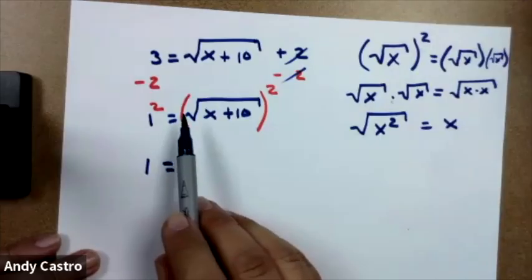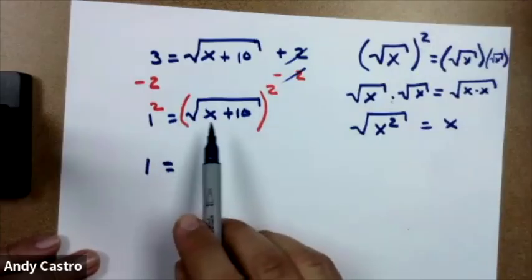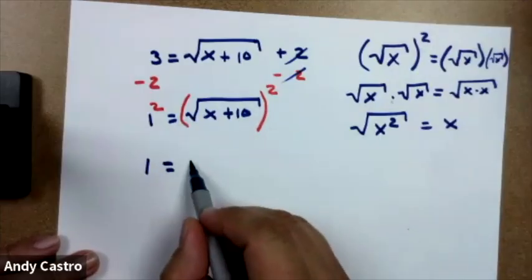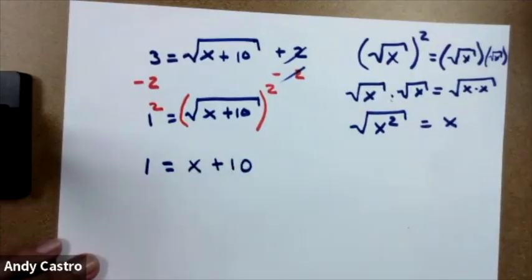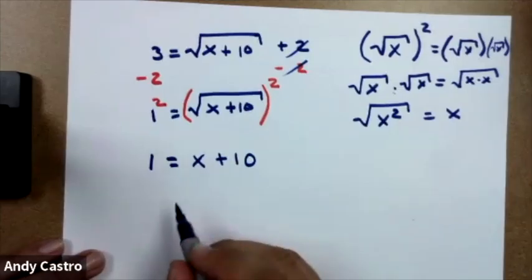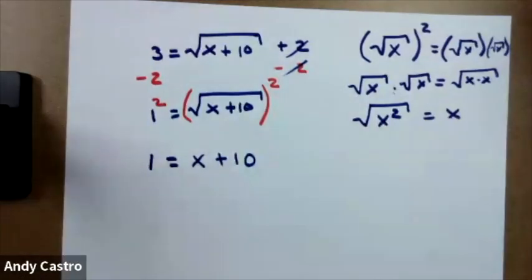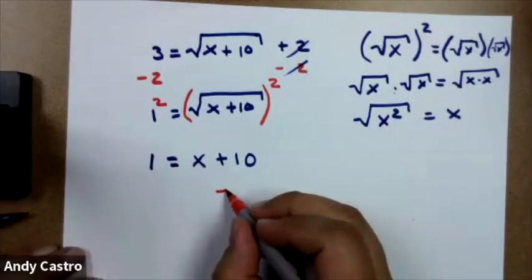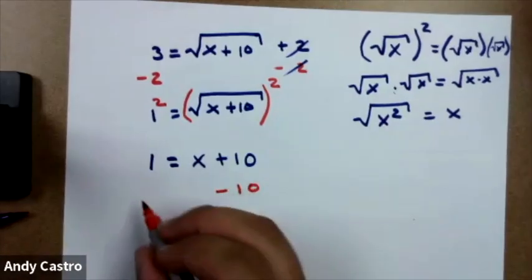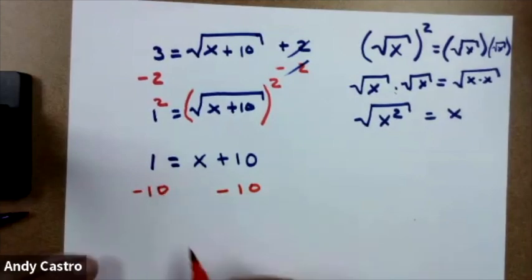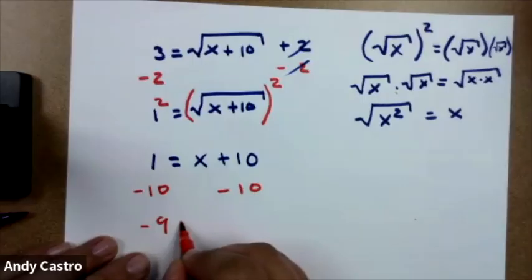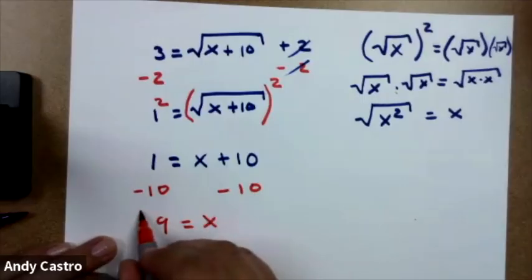In this case, if I square the square root of x plus 10, what's left is x plus 10. Now I can solve for x pretty easily. I'll subtract 10 from both sides, and I have negative 9 is equal to x.